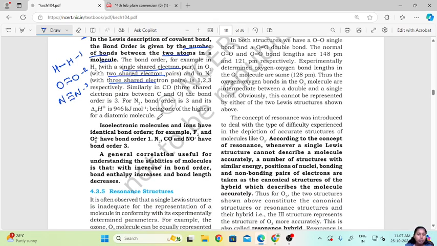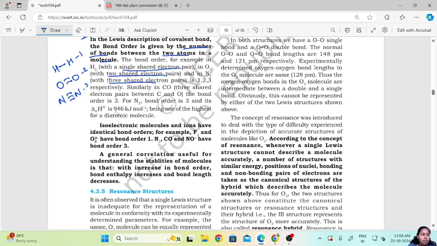Now, isoelectronic molecules and ions have identical bond orders. For example, F2 and O2 2- have a bond order of 1. Isoelectronic molecules and ions means molecules with the same number of electrons.